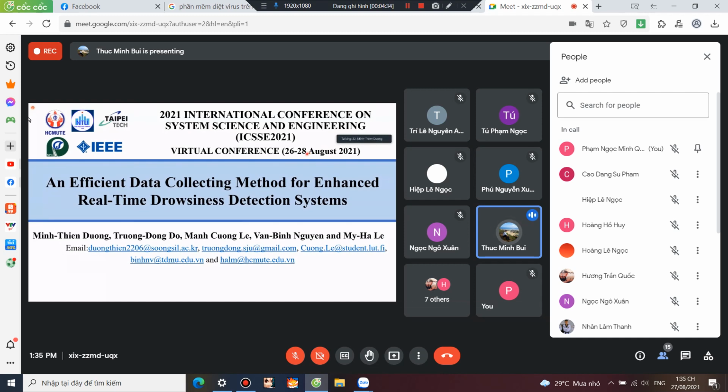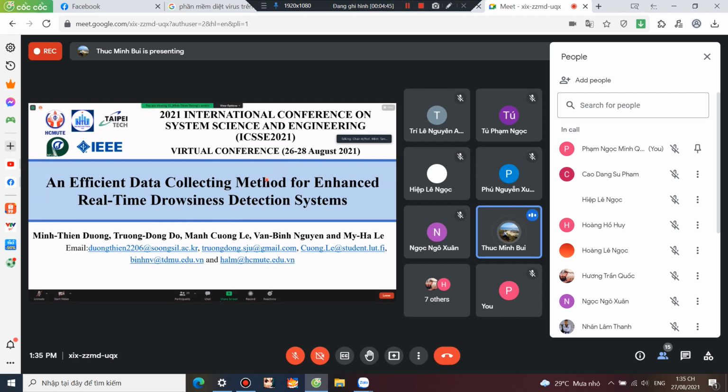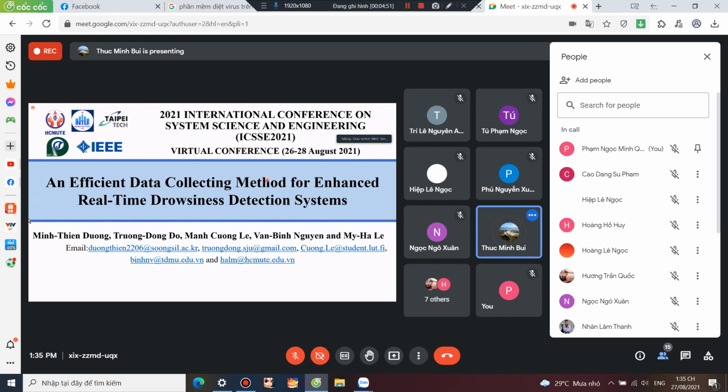So you mean you are asking me how long the model training takes? No. When the driver gets into the car and starts to drive, how long does it take for your system to train so that it can take effect?